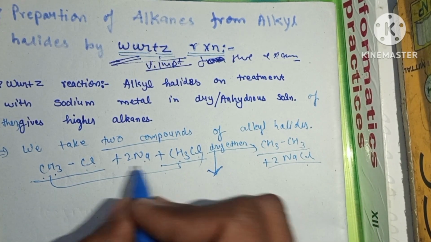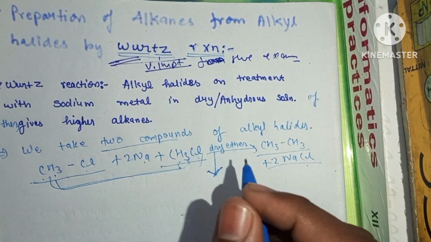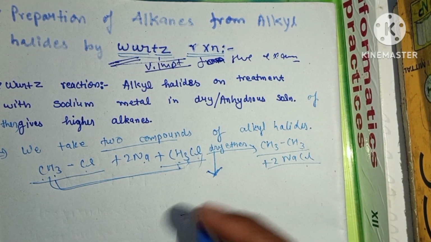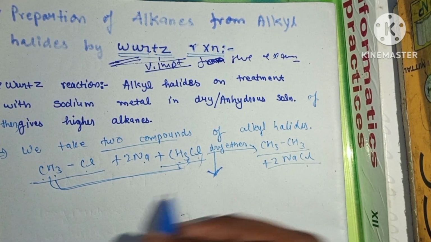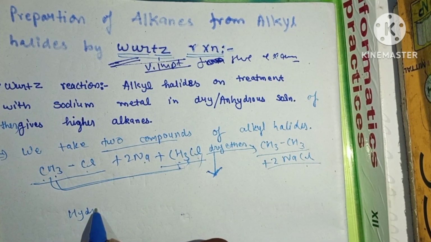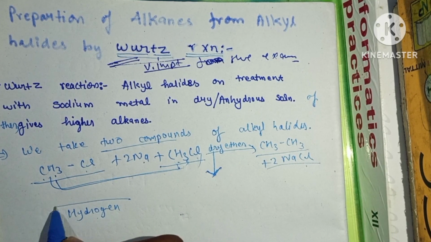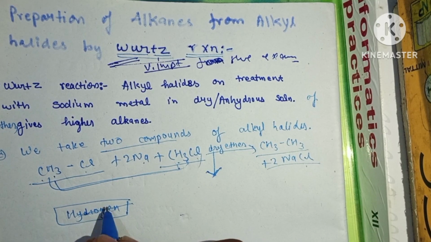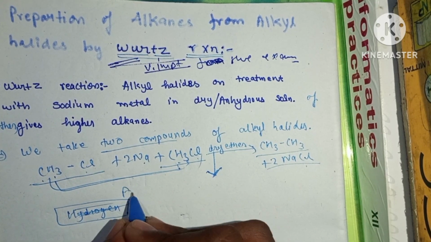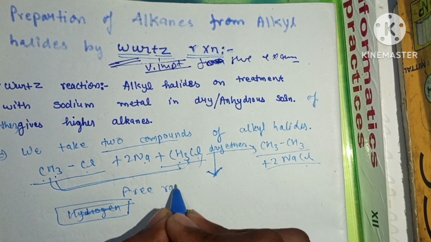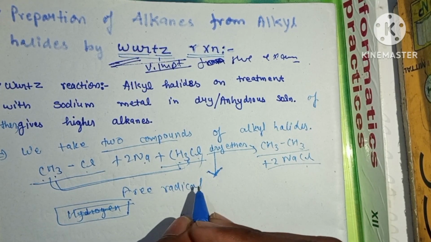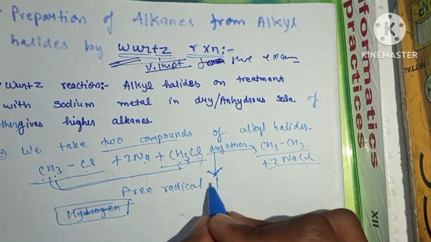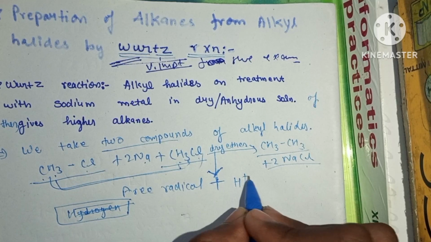So in this whole process an intermediate is formed, which is not hydrogen, that is a free radical, which is very reactive with H plus.